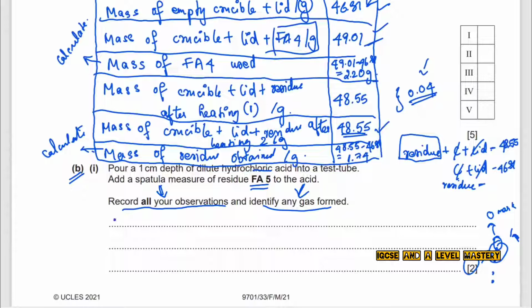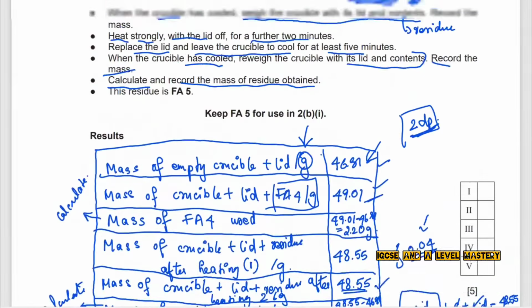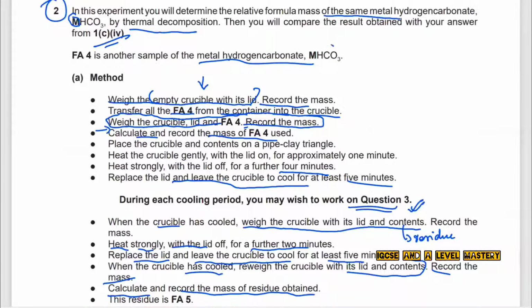So the first observation that I saw, since this compound contains hydrogen carbonate: obviously, when we add it to HCl, this is going to act as a base and HCl is going to act as an acid.